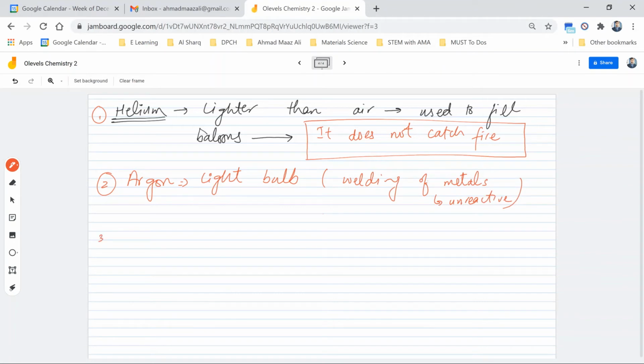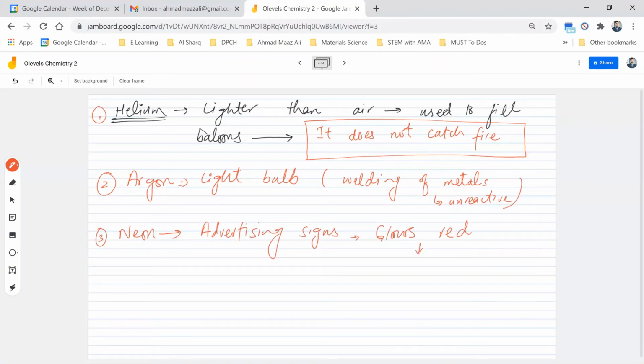Neon. Thank you for telling, Shazib. It is used in advertising lights. We all have seen neon boards. All right, and it glows. Why? It glows red basically, but its color is changed.